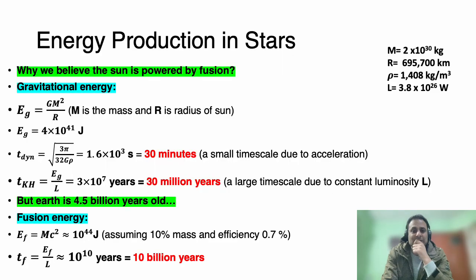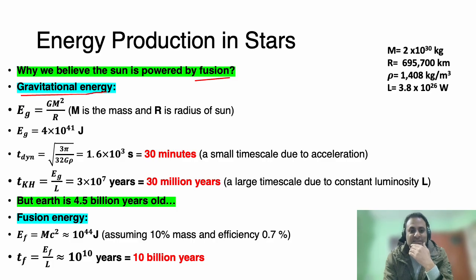Okay, so now the main question: how is energy produced? Why do we believe that the energy in the sun is produced by fusion? Why not other processes? We know that energy can be converted from one form to another form, right? The sun is self-gravitating, a cloud of hydrogen gas, so it has some gravitational energy.